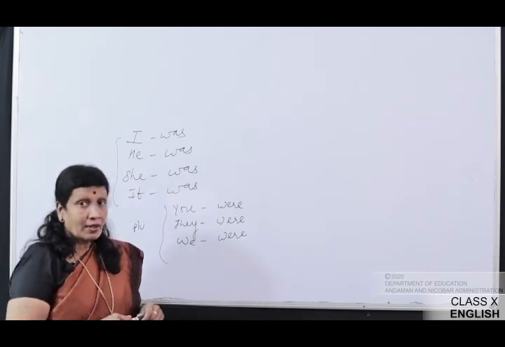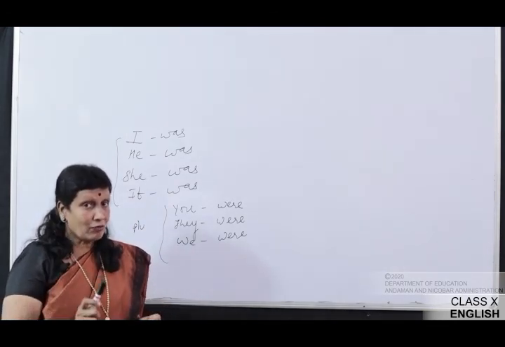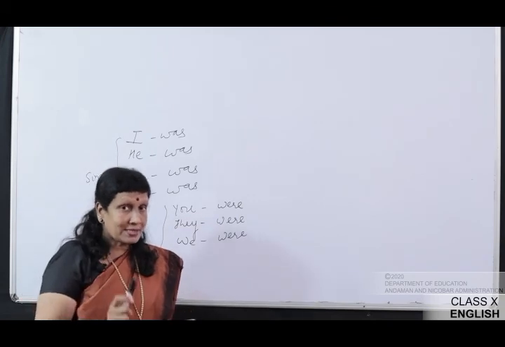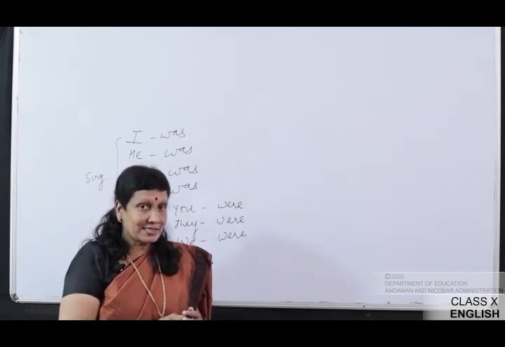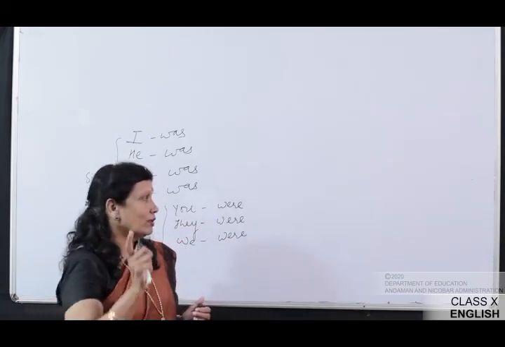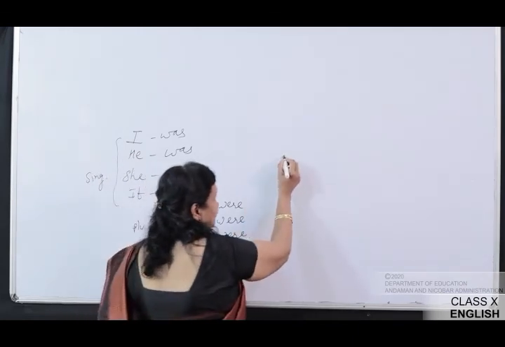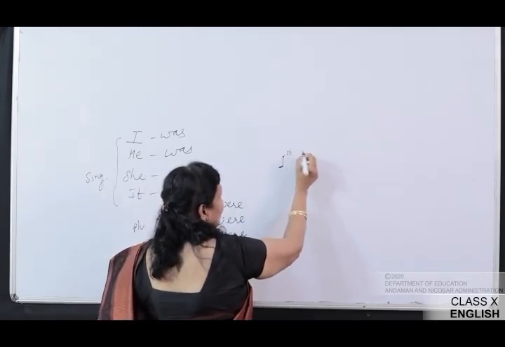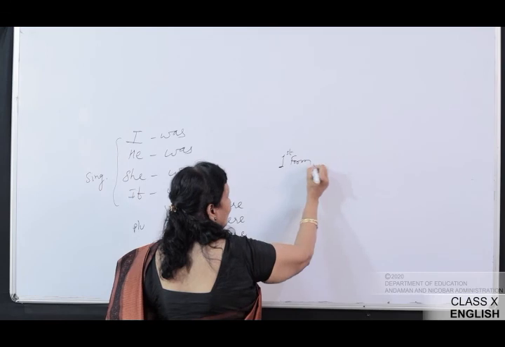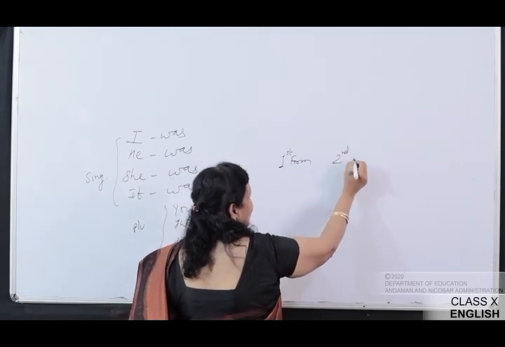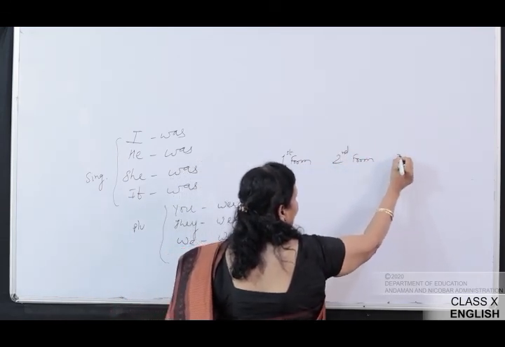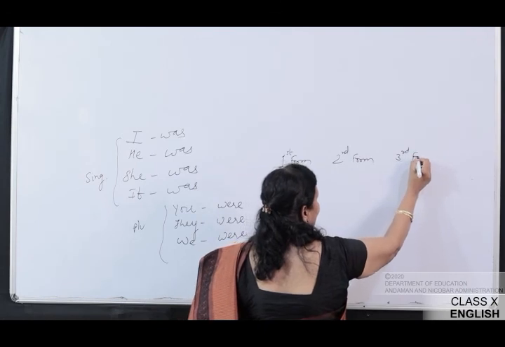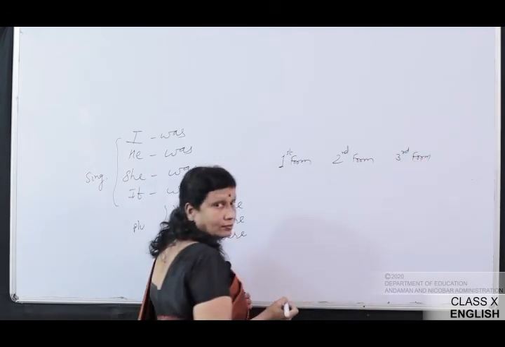And of course you have to practice while we are learning the tenses, the three forms of the verb as I told you. It's the first form, the second form and the third form.